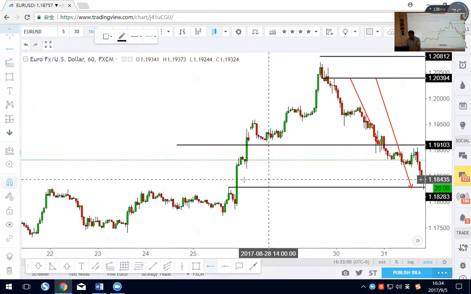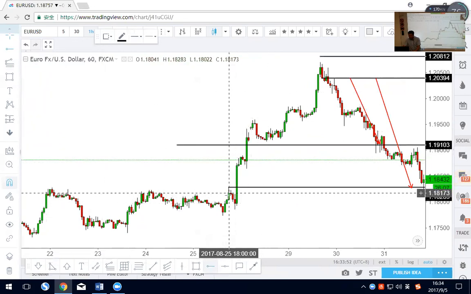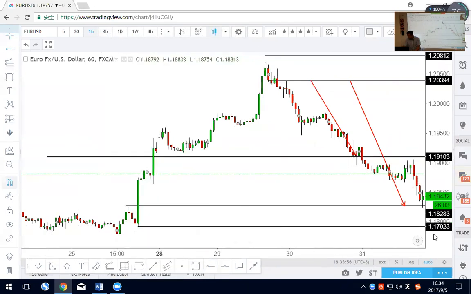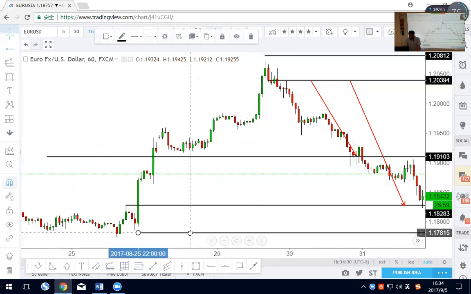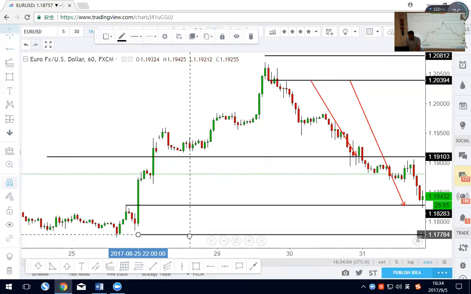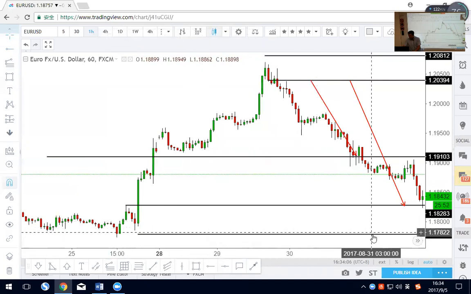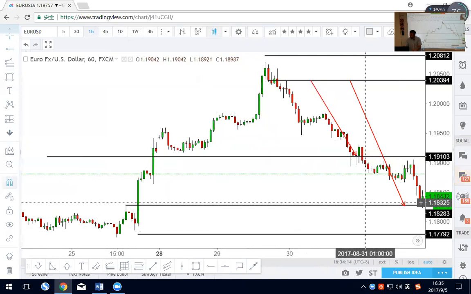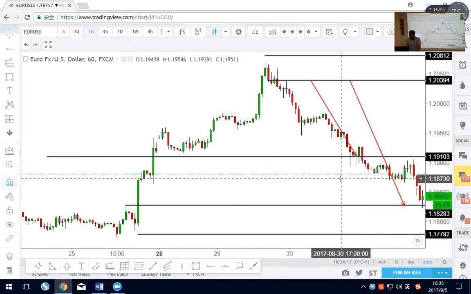Your stop loss should be put below the start of this bullish candle, which is 1.1792. Add another 10 pips, so you put 1.1780. This will be your stop loss. You buy from 1.1828, that is 30 to 80, that is 50 pips risk.